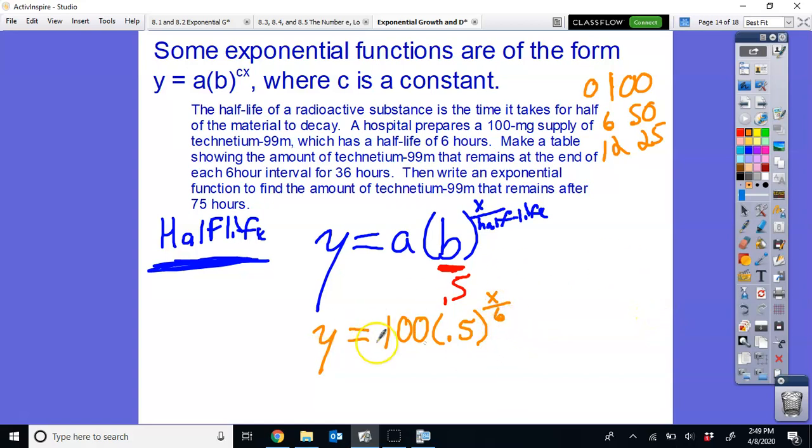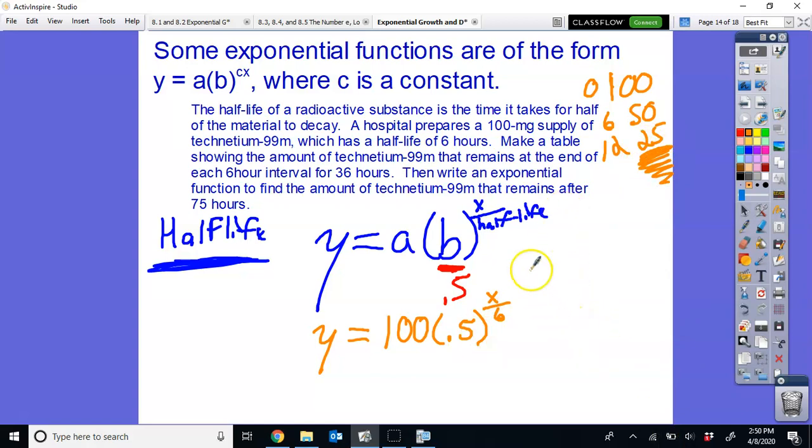So this is your little formula to figure out how much substance you have left over. Then we could take this little formula right here and figure out, okay, after 12 hours, how much is left? We plug in 12 right here. It's going to be 12 divided by 6, which is 2. And then it's going to be 100 times 0.5 raised to the 2 power. It would end up giving me 25.